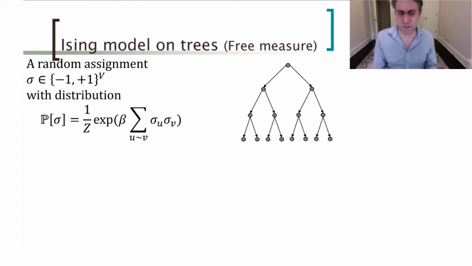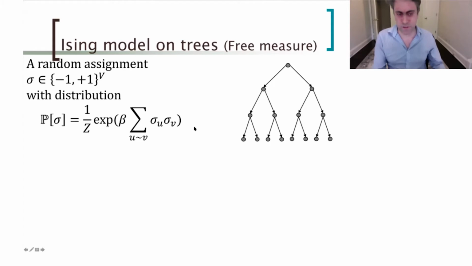The plus or minus at each vertex I'll call a spin, and they're weighted according to this probability distribution, which has this sum of sigma_u sigma_v over u and v that are neighbors. Essentially it means that the probability distribution puts more weight on configurations that have more pluses next to pluses and minuses next to minuses.